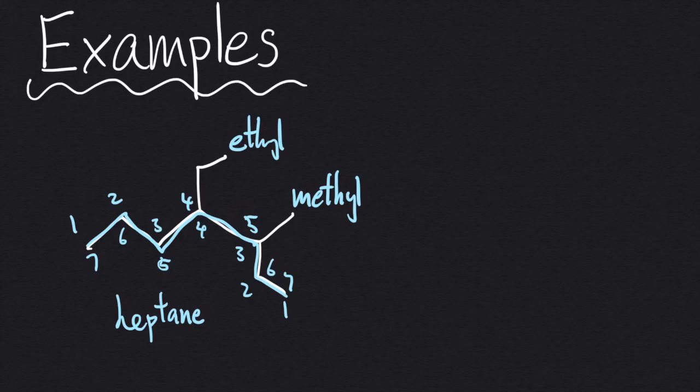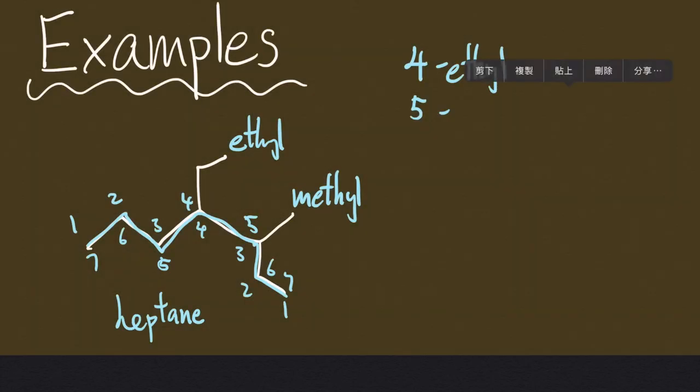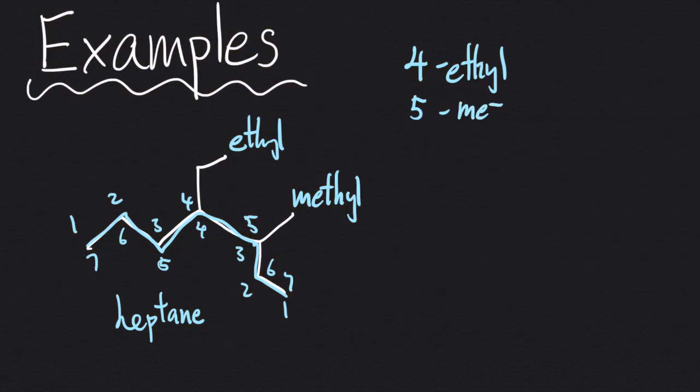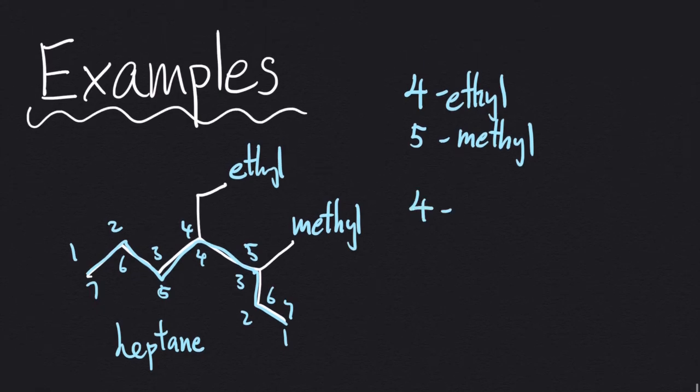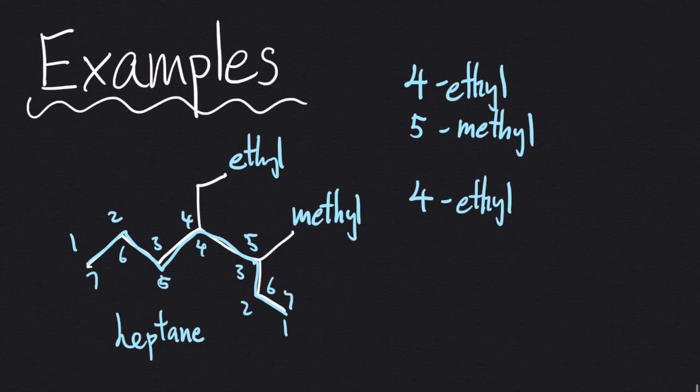If we are based on the upper numbering system, we have 4 ethyl and 5 methyl. If we go according to the lower numbering system, we will have the same for ethyl, but this time we have 3 methyl.